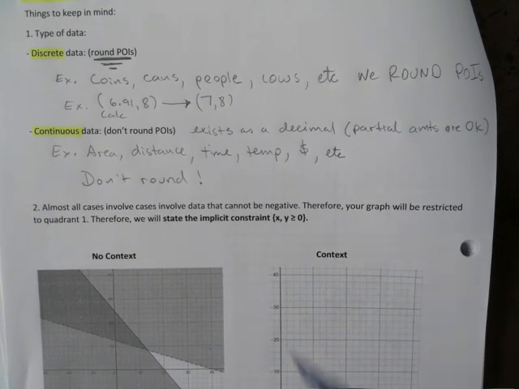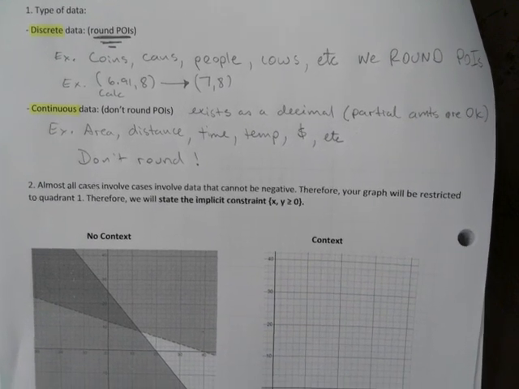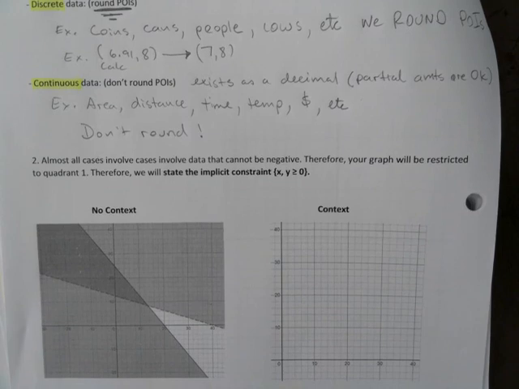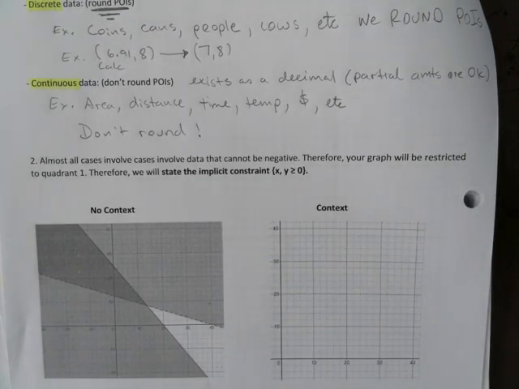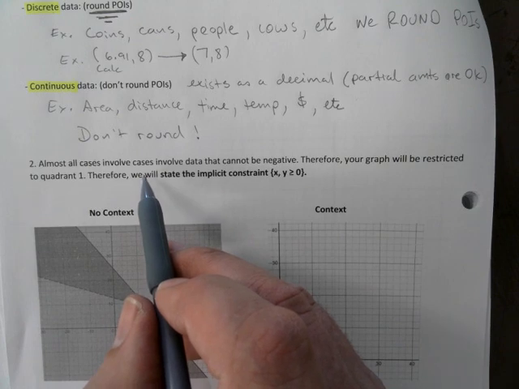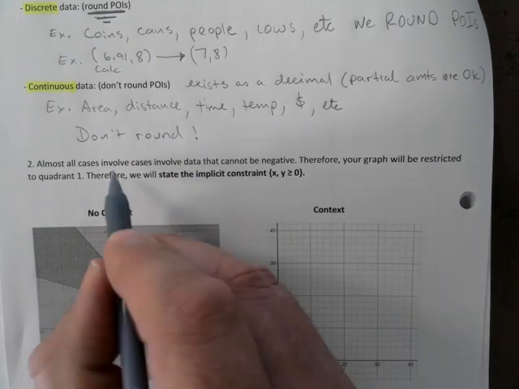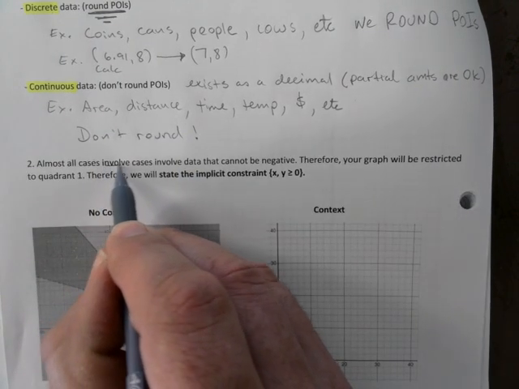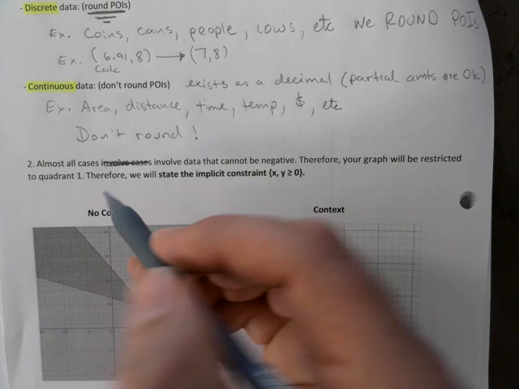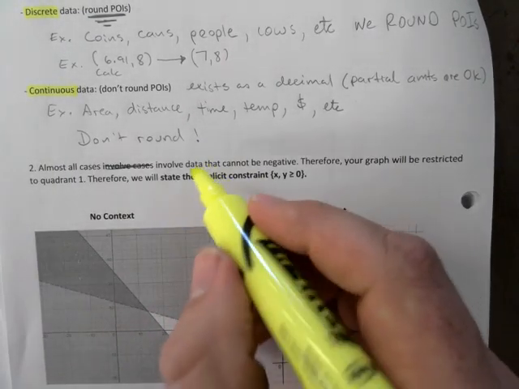So that's the first thing I need you to just remember, okay? It's going to come up from time to time. So we just need to be mindful of that. Next, almost all cases involve data that cannot be negative, okay?